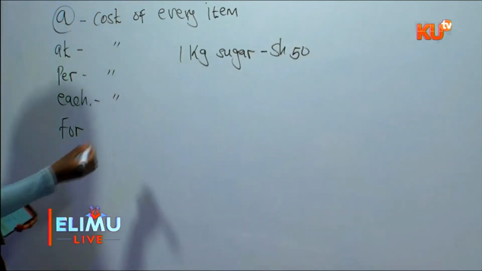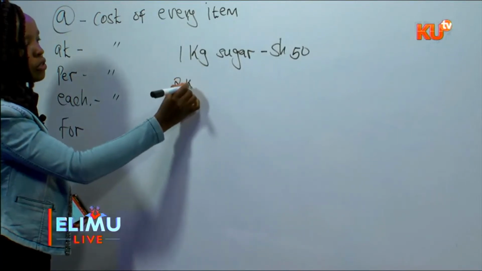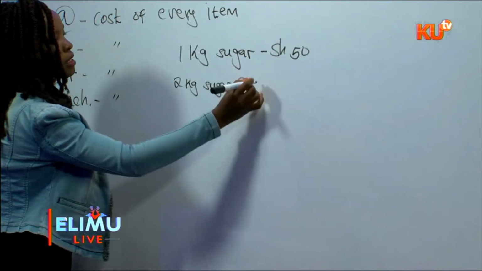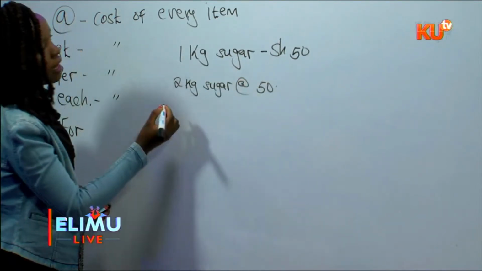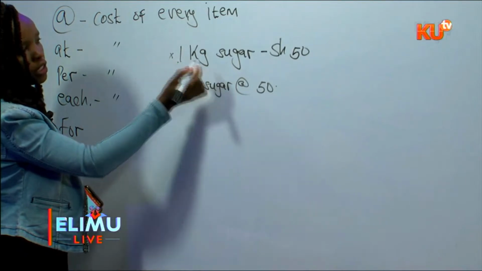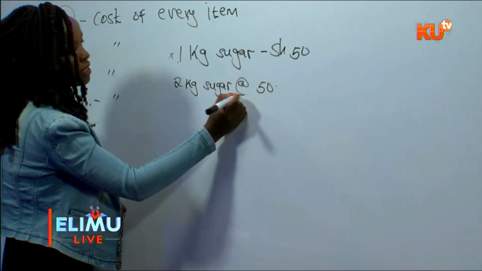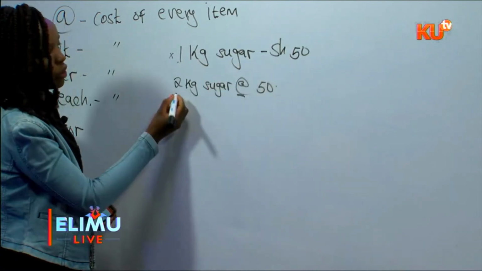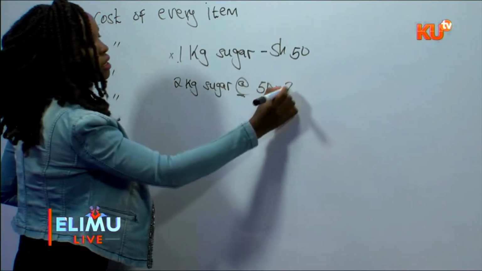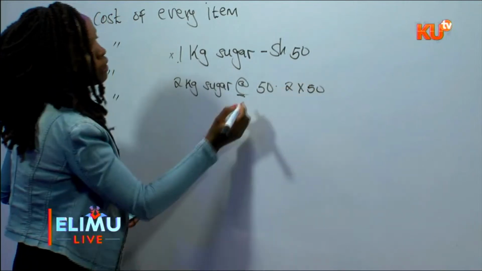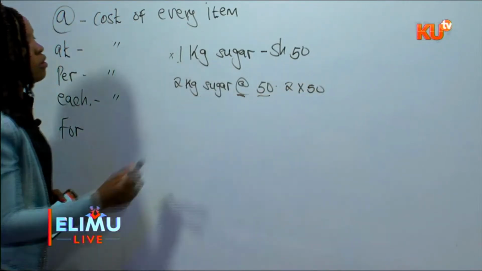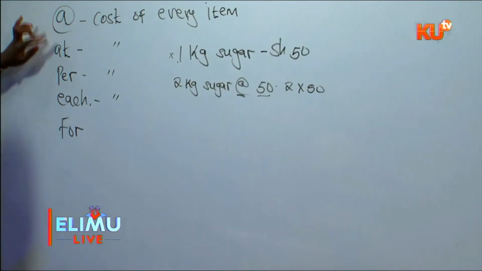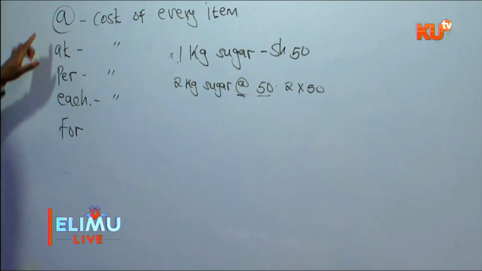And then you're told that someone bought 2 kgs of sugar at 50 shillings. That means, because here we have been told that 1 kg costs 50 shillings, this at here represents 1 kg of sugar at 50 shillings. So you're going to take the 2 kgs, you multiply by 50, because this 50 is the cost of 1 kg of sugar. So at, per, each means the cost of every item.